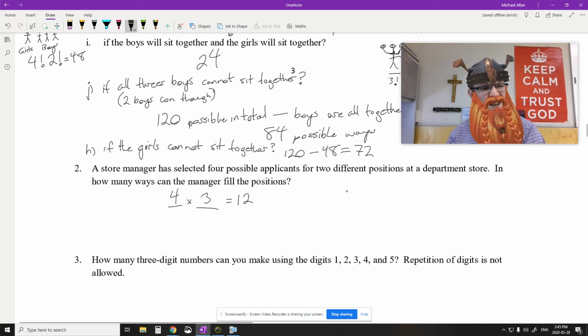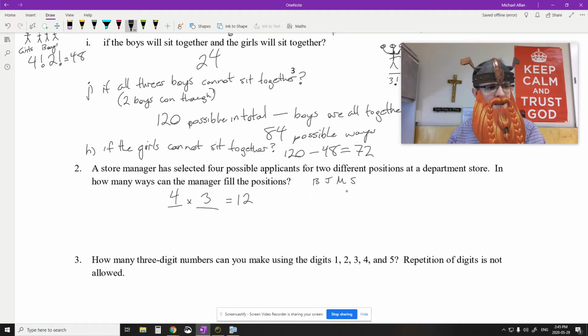So I could say Bob, John, Mary, and Susie. And then I could just say John and Mary, Mary, John. Okay, John and Susie, Susie and John. What other ways do I have here?